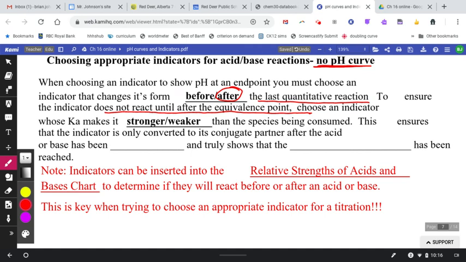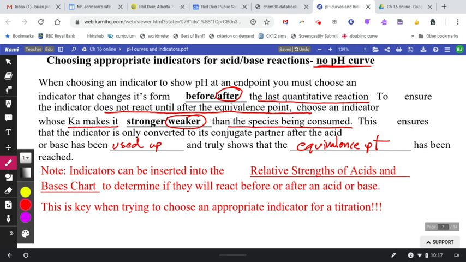So the trick is you always choose an indicator whose Ka makes it weaker than the species that you're trying to titrate. That way the indicator is only converted to its conjugate partner after the acid or base has been used up and truly shows the equivalence point has been reached.